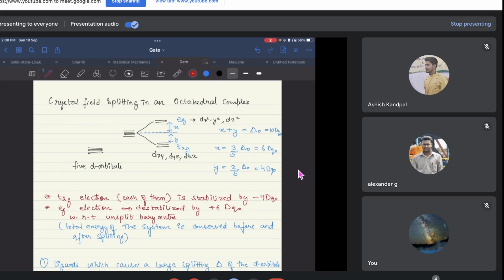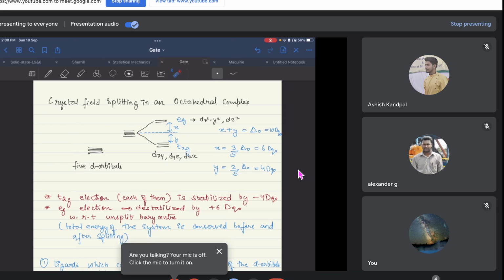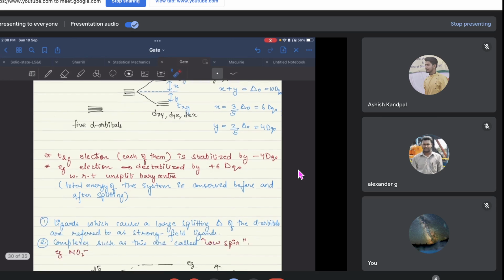You can find out that each t2g electron is stabilized by minus 4 Dq, or we can write it as minus 0.4 Δ₀. Δ₀ is the unit of crystal field stabilization energy, and each eg electron is destabilized by plus 6 Dq, or plus 0.6 Δ₀, with respect to the unsplit barycenter. So the total energy of the system is conserved before and after the splitting.